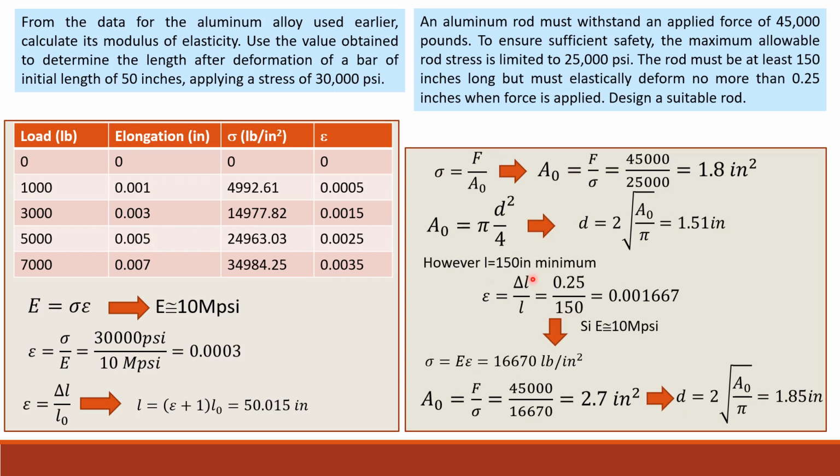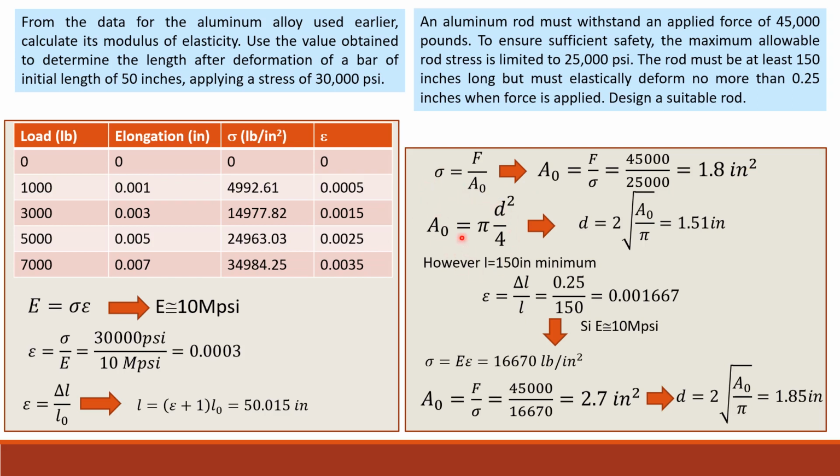Of course, we have our expression. Stress is defined in this way, so that means this is our area. So of course we have this 45,000 and 25,000, which is what we are limited to. So that means 1.8 square inches.